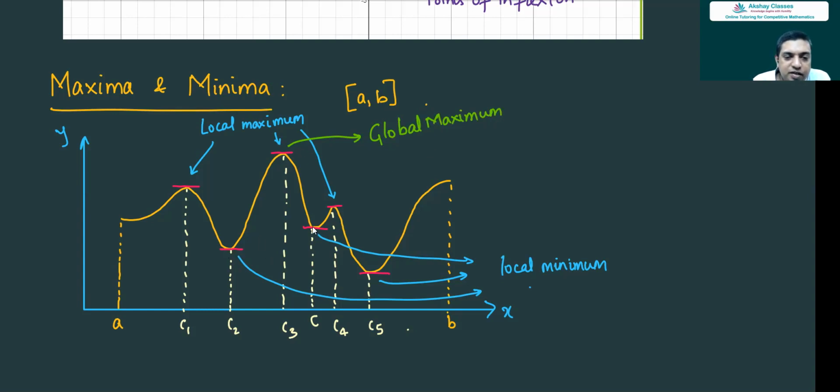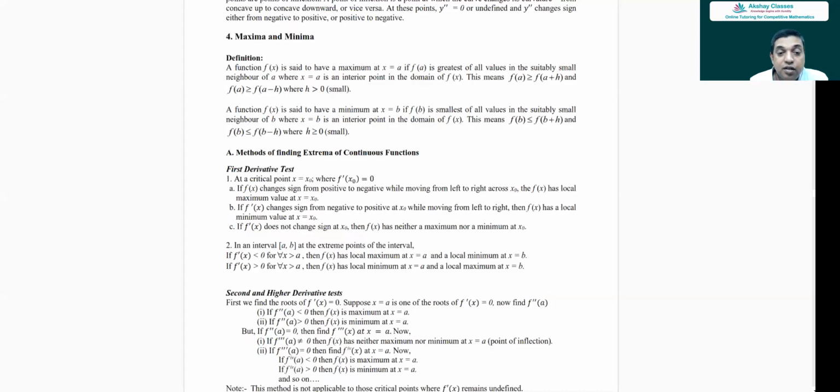And of the local minimum values, whichever is the lowest, this one is the global minimum. So this concept we need to be clear about. This is the terminology we will use, depending on what is being asked.